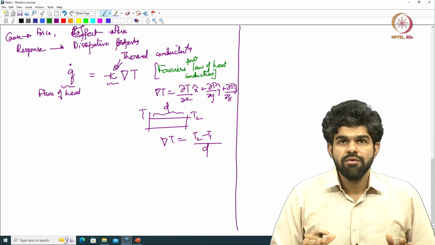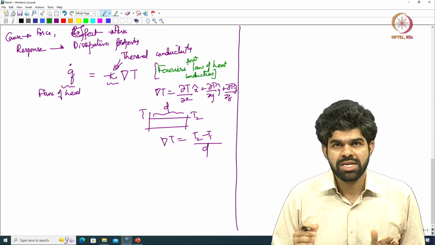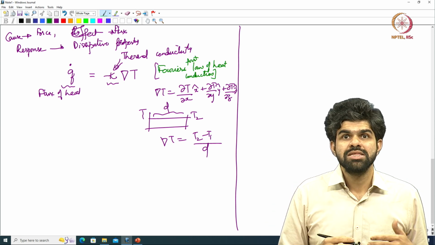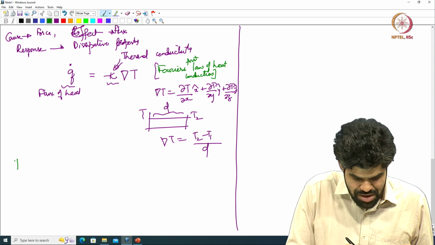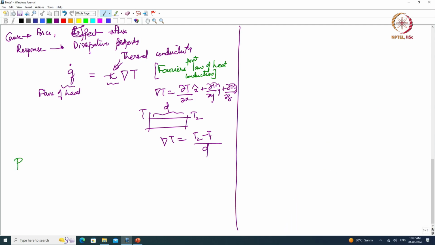We will continue this in the next lecture, but the takeaway point here is that I have shown you a variety of properties, which have a mechanical cause and mechanical effect, electrical cause and electrical effect, a thermal cause and thermal effect.